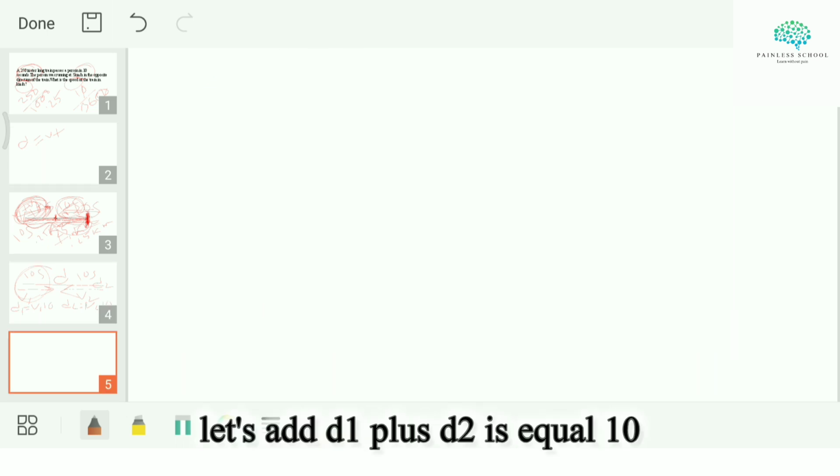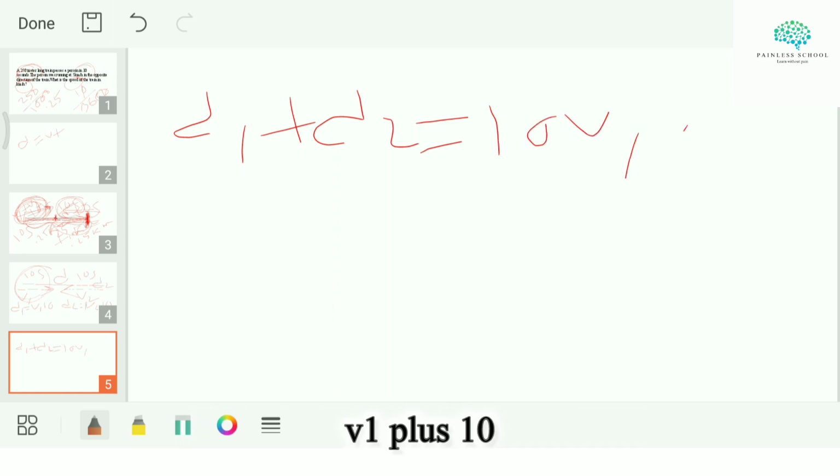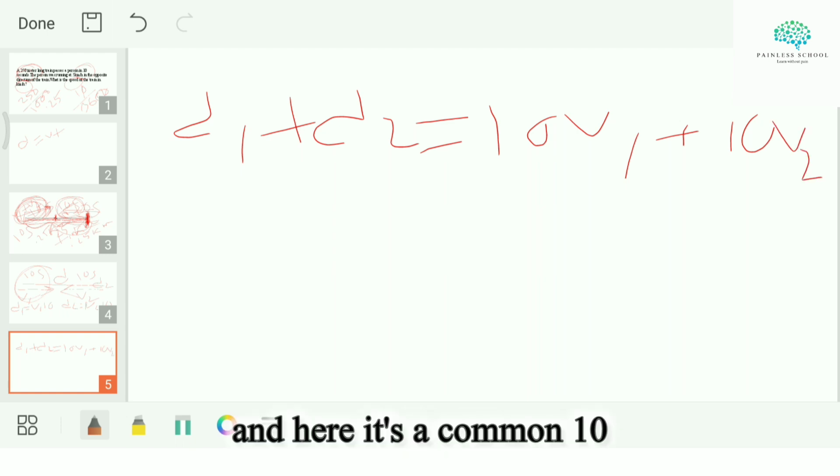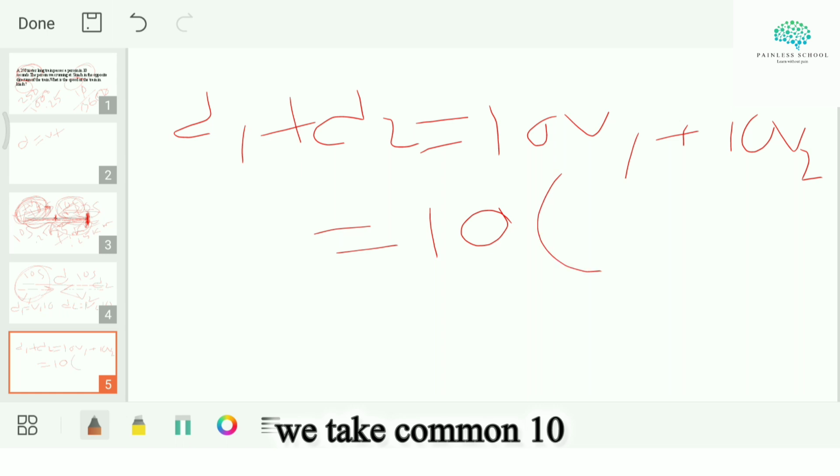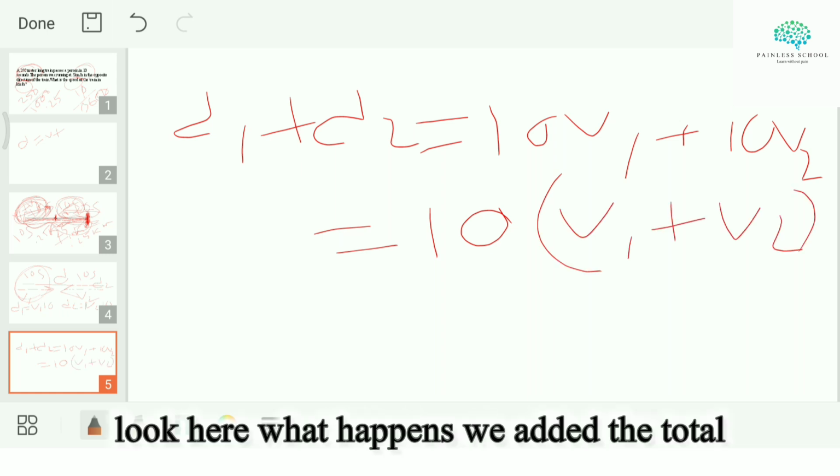Let's add: d1 plus d2 is equal to 10 v1 plus 10 v2, and here it's a common 10. We take common 10, v1 plus v2.